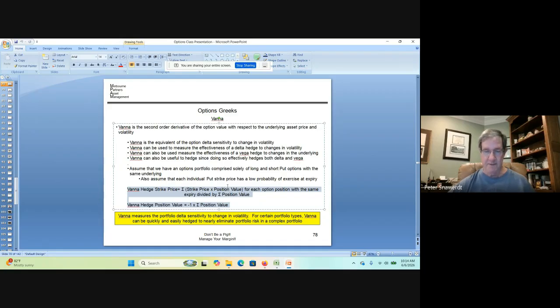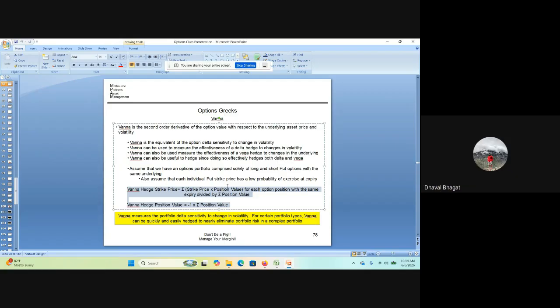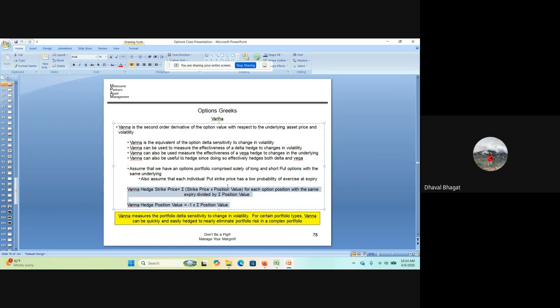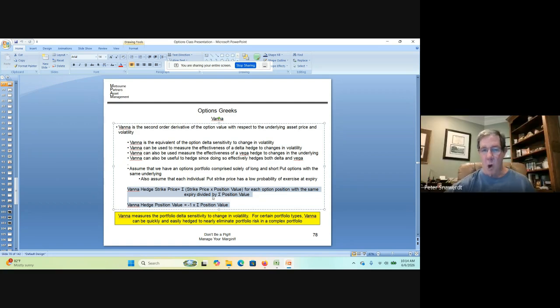For your 6,200, if you had 5 puts, it's the value of those 5 puts. And for your 6,100, if you had 20 of those, it's the value of the 20. That's what feeds in here: the position value, not the value of each put. Then the hedge position value is the sum of all of those position values. In other words, that's the total amount of money that you have for that particular expiration, long and short.